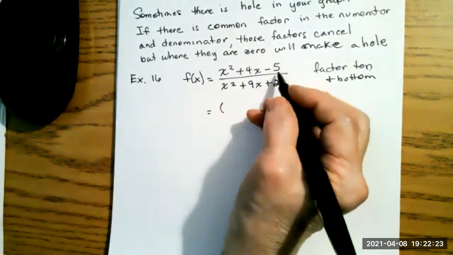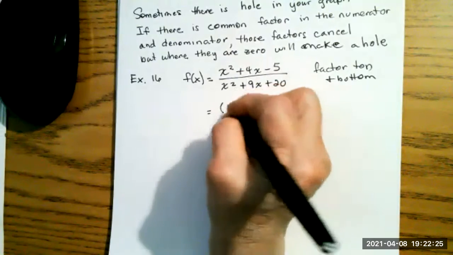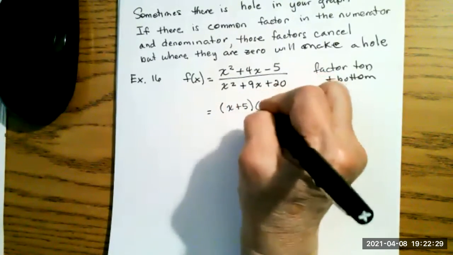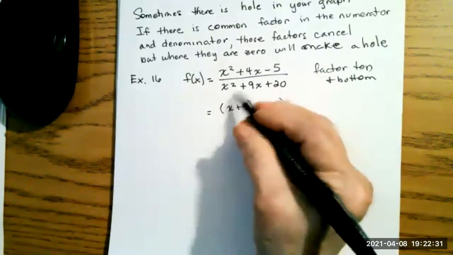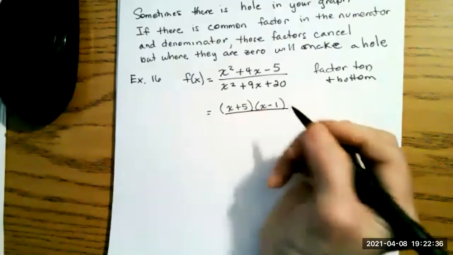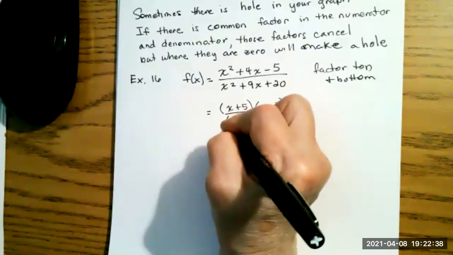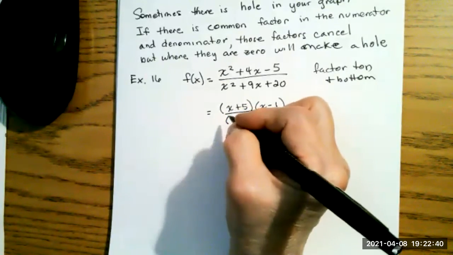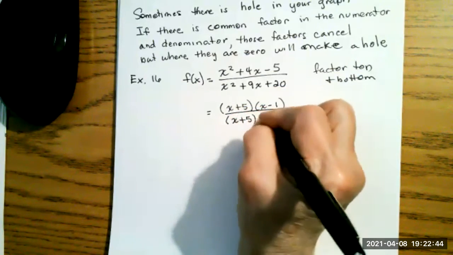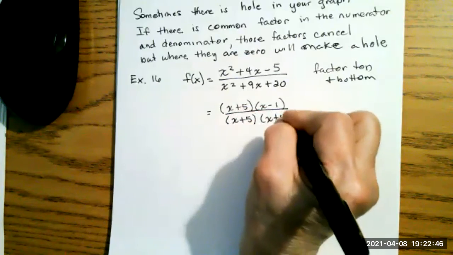Got to subtract factors of 5 to get 4. So that's going to be x plus 5, x minus 1. That gives us 4x and negative 5. So that's good. In the bottom, we've got to add factors of 20 to get 9. That's x plus 5 and x plus 4.